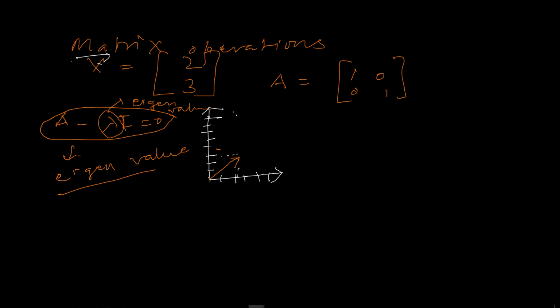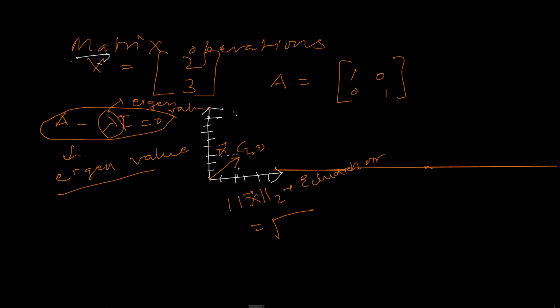If you see the magnitude of this, we call it the norm. I will calculate the root from 0, 0 that you are considering: 2 minus 0 squared, and the root of 3 minus 0 squared, so you are getting root 13. This is the strength of this.